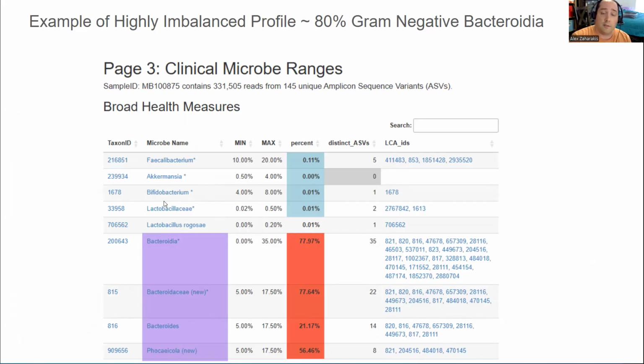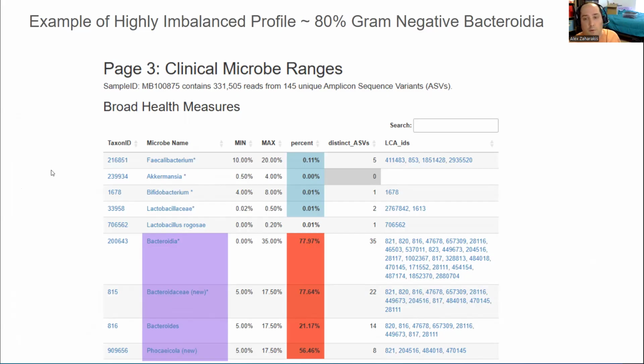However, since there have been so many renamings out of that genus, if you're looking at newer databases, you may not get the same measurement of the dysbiosis or the imbalance that you may have looking at an older database. Looking at a newer database has that advantage, right? But if your clinical understanding is based on an older database, then you kind of have to bridge that gap.